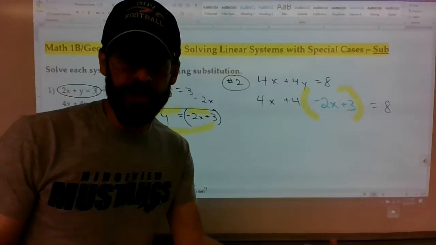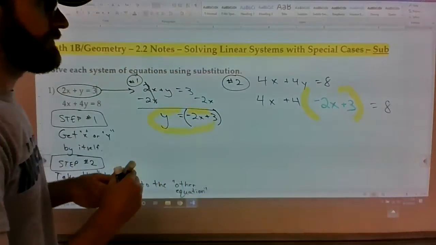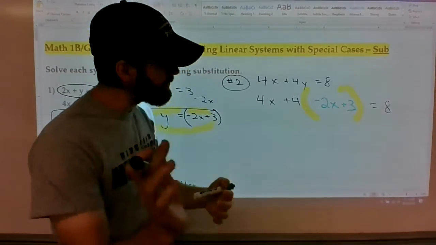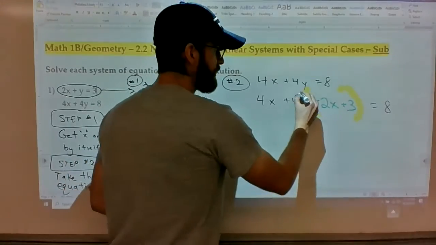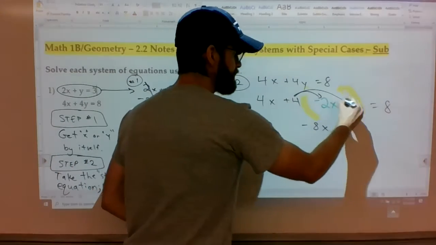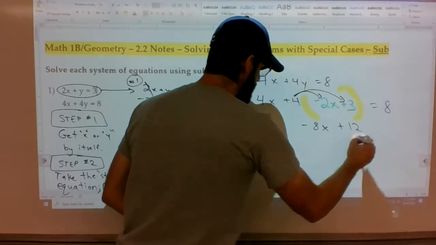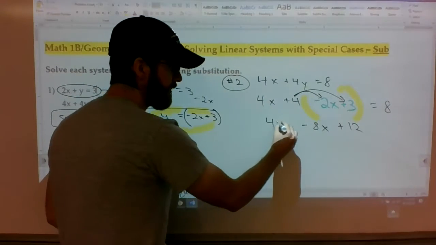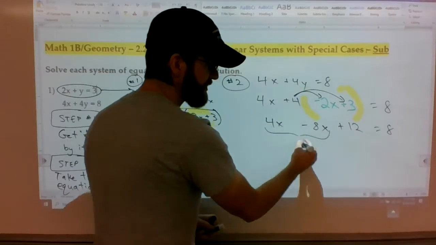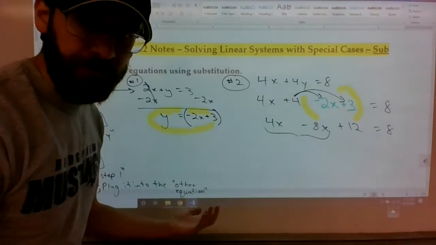And then you solve the equation for x now. This is something you guys saw in Math 1A extensively. You saw it a bunch. So 4 times negative 2x is minus 8x. 4 times 3 is positive 12. The 4x just drops down. The 8 drops down. You combine like terms where you see them on one side, so that's negative 4x.